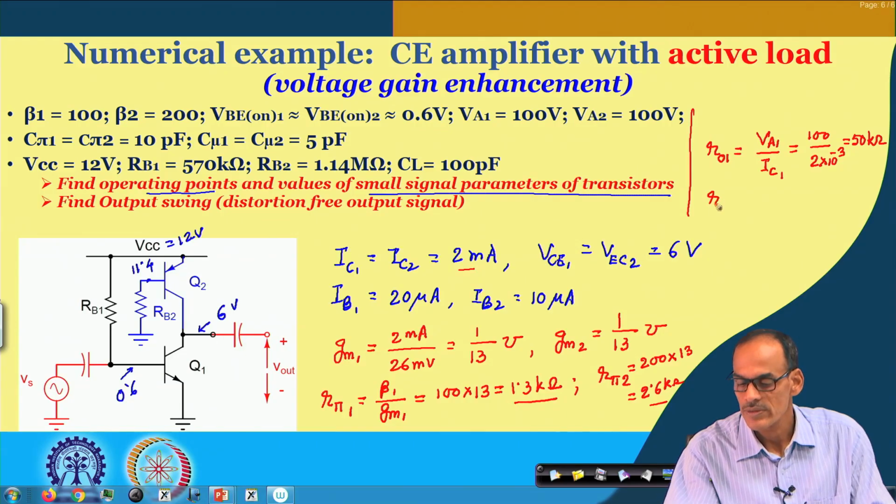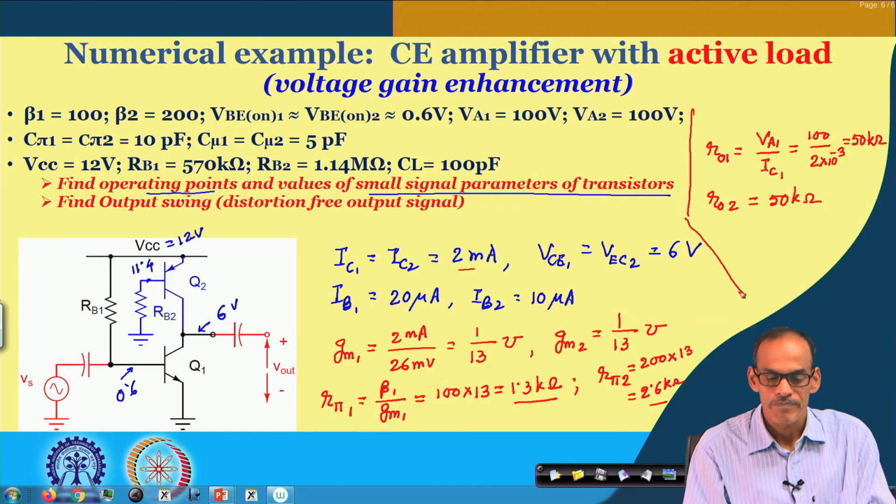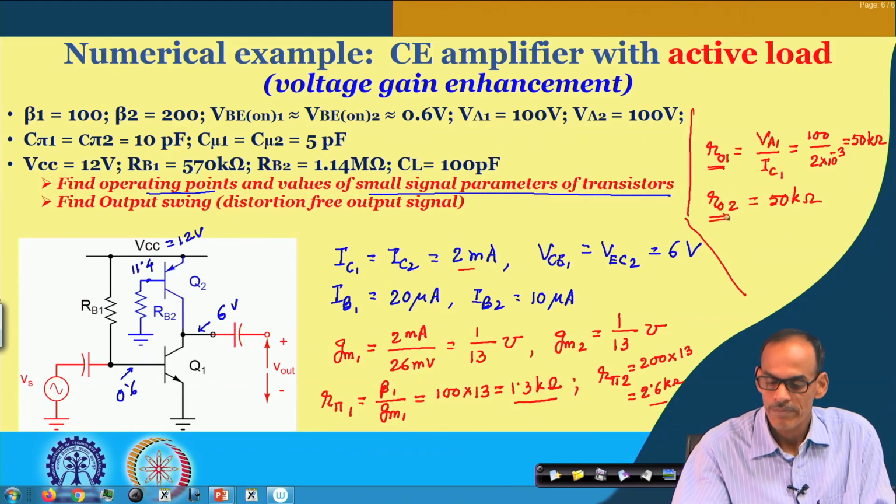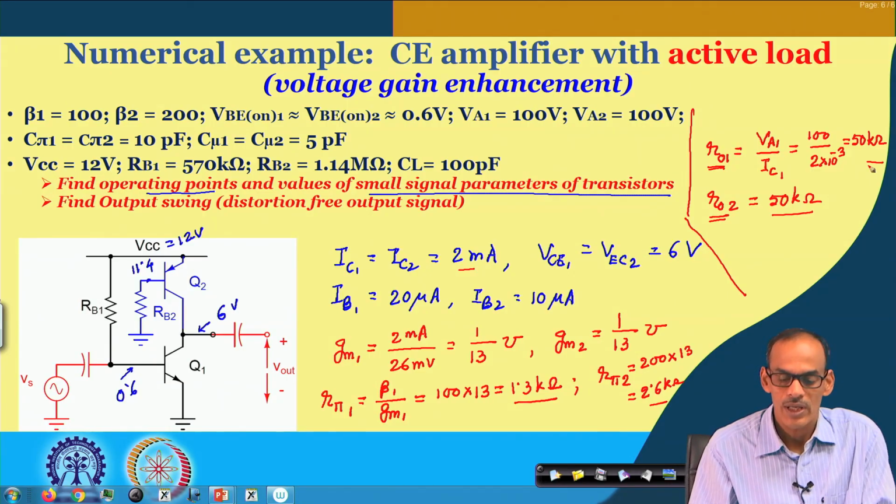Likewise you can also find that ro2 equals 50 kilo ohm, right. So, that is how we obtain the small signal parameters of both the transistors, and then we can try to find the corresponding gain.